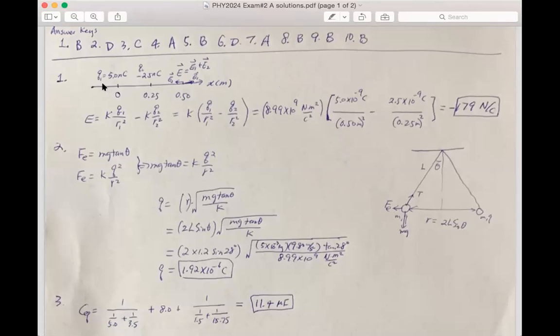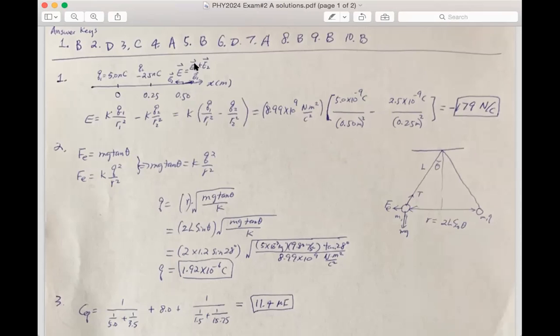You have electric field provided by 2 charges, Q1 and Q2. For a positive charge, the electric field at this point will be pointing away from the positive charge, so E1 is pointing to the right, and E2 from the negative charge will be pointing to the left.